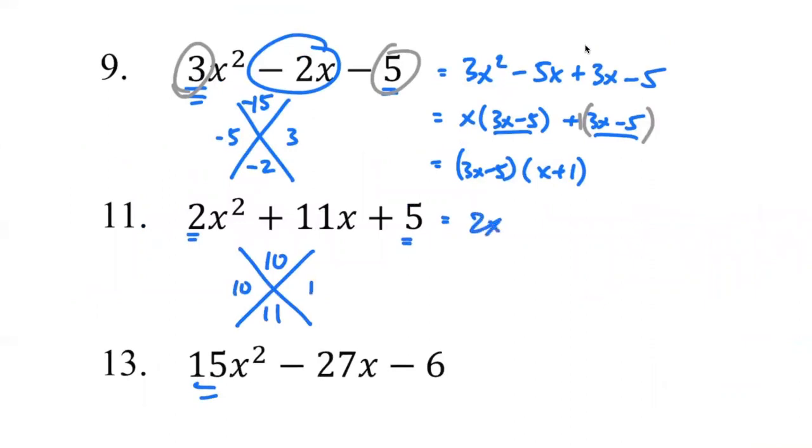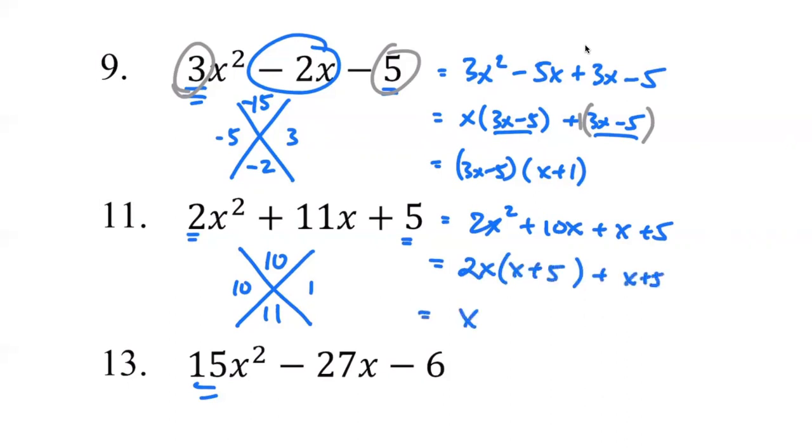We say 2x squared plus 10x plus x plus 5. You factor out the 2x from the first two terms, you've got x plus 5, and then you have another x plus 5 right here. So x plus 5 is the common factor, and what's left is 2x plus 1.